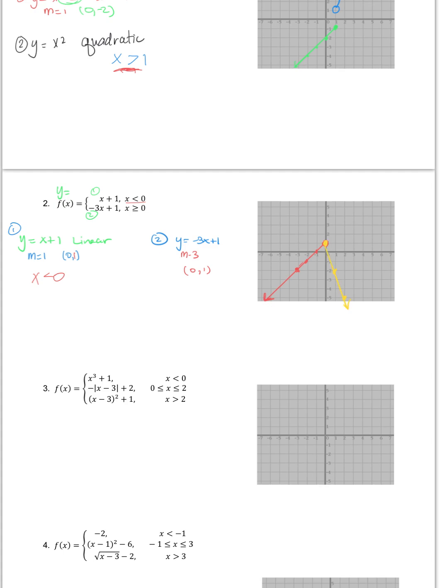Okay, so if you see here, this is my graph. I had to get rid of what was going in that direction. Up here, I had to get rid of that. And because x was greater than or equal to 0, everything to the right of it was saved, wasn't erased. And at this point right here, there is a closed circle because of this symbol here.